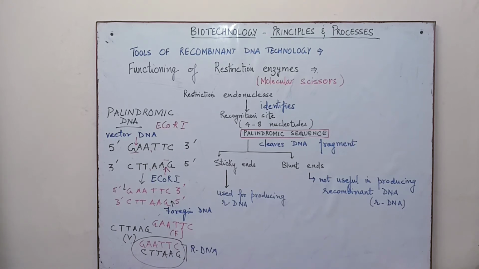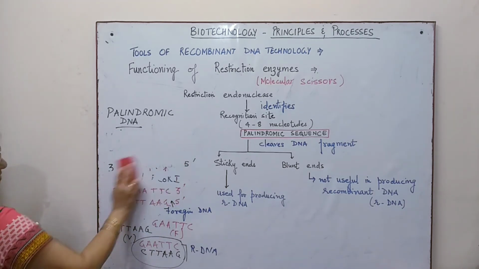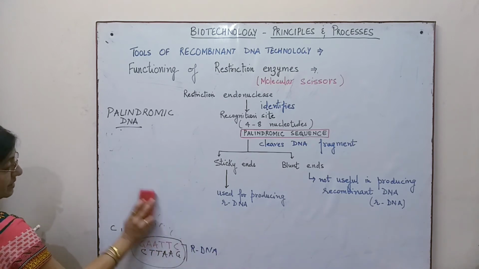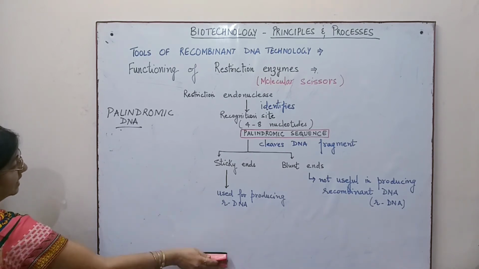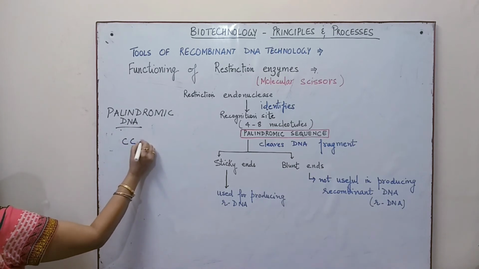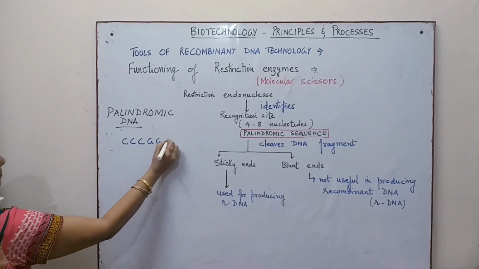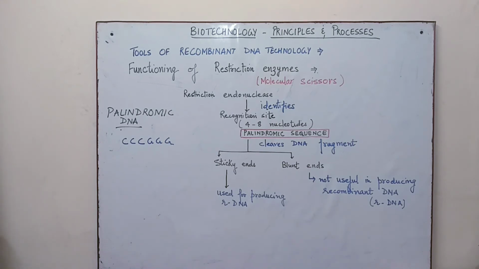Now another type of restriction enzyme which we are talking about is the type that cuts the DNA from the center. Suppose this is the palindromic sequence.